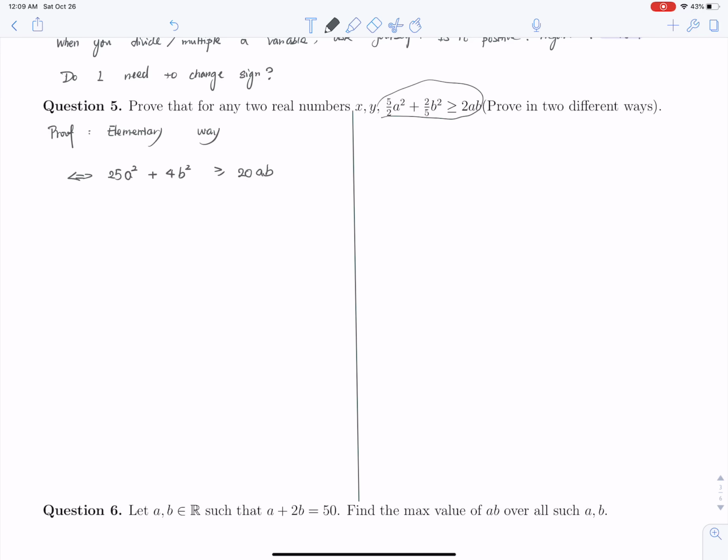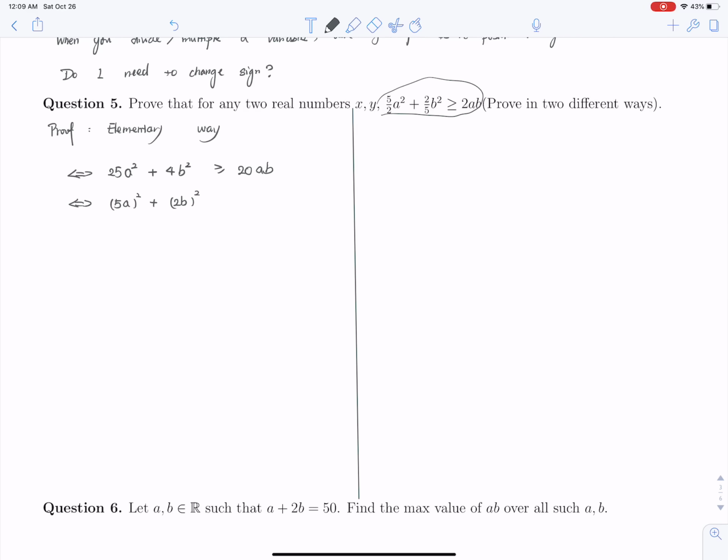From this, you can see 25a squared is actually 5a, the whole thing squared, plus 2b, the whole thing squared. And I can move this around. I'll get minus 2 times 5 times 2 times ab is greater than or equal to 0.